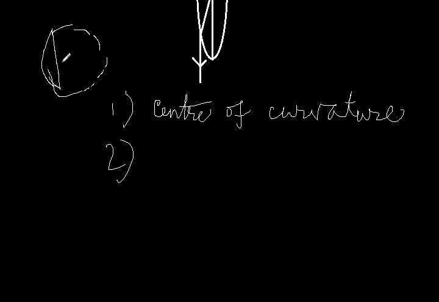So this is the sphere by which this spherical surface is made. This is the center of curvature. And for the plane surface, the center of curvature will be situated at an infinite distance. The center of curvature will be at infinity. This is about the center of curvature. And then we have learned the principal axis.